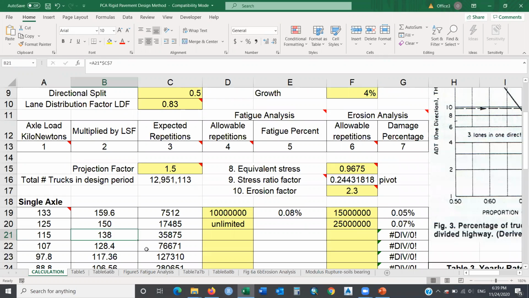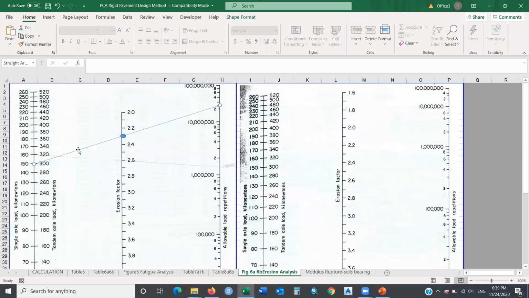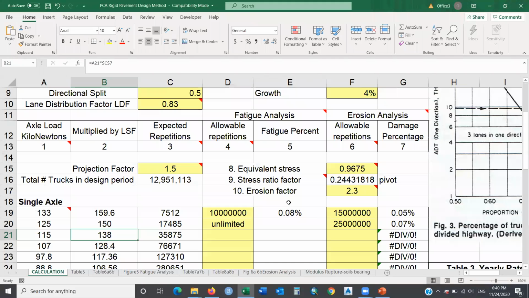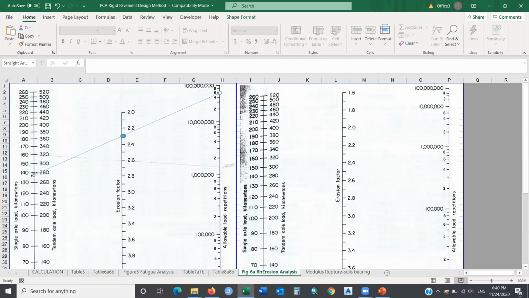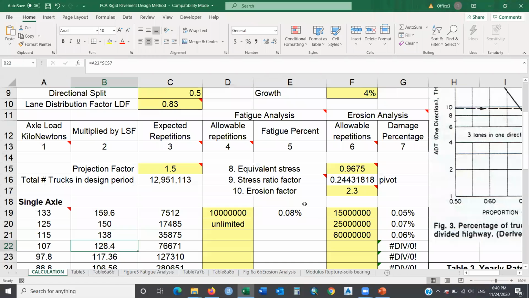The next one is 138. I am reading 60 million. The next one is 128.4. And I'm reading more than 100 million. In this case, this is called unlimited.